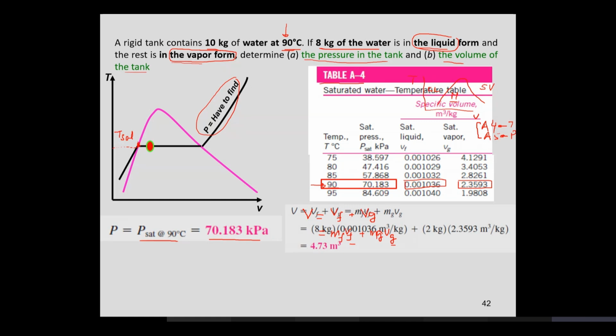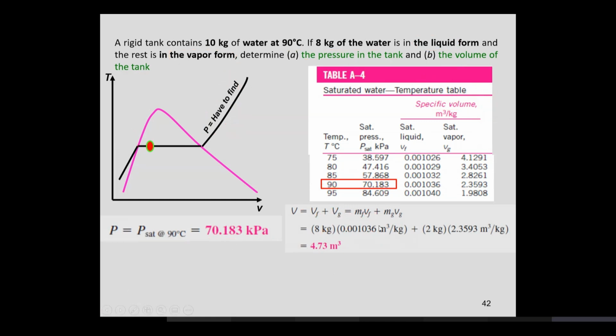So you will use this relationship to find out the total volume: mass multiplied by the specific volume of the corresponding state of your system. That means 8 kgs multiplied by the specific volume of the liquid and 2 kgs multiplied by the specific volume of the vapor would give you the total volume of your system.